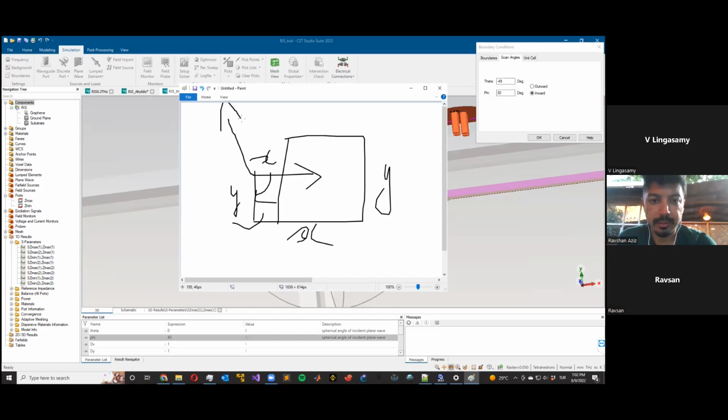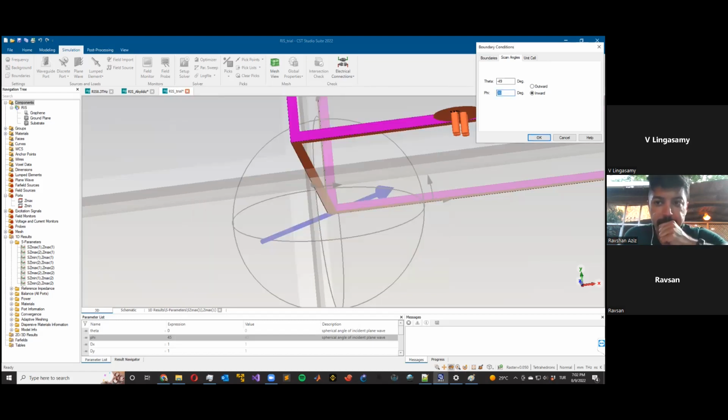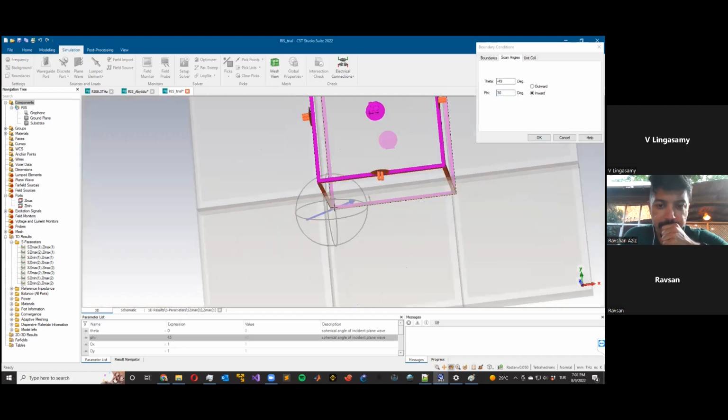If you look at it in three dimensions, I can control along the X, along the Y, along the Z, like that, by controlling these values. You can view it here also, no problem.